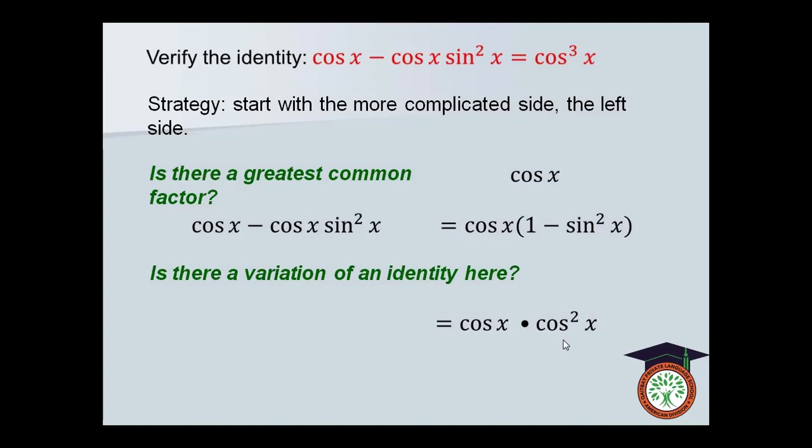It's from our identity rules. So cosine x times cosine power 2x, same base, so we will add the powers. The power here is 2, the power here is 1. So it will be cosine power 3x, which is equal to the right side here.